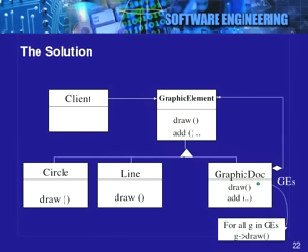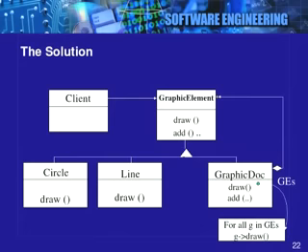Now in this, graphic doc is a composite, which is represented by this link. So you have this part-whole relation. A graphical document can contain many graphical elements, and through inheritance those graphical elements can be either circles, lines, or graphic docs.